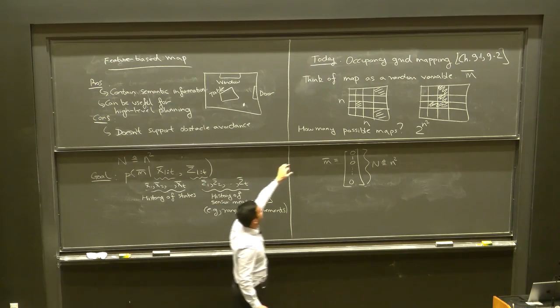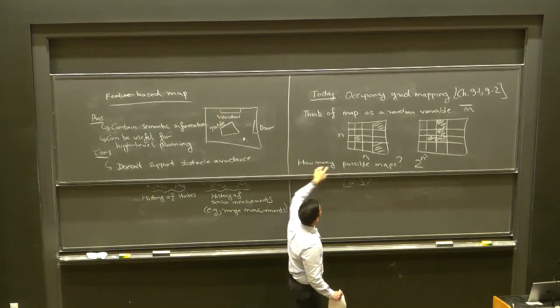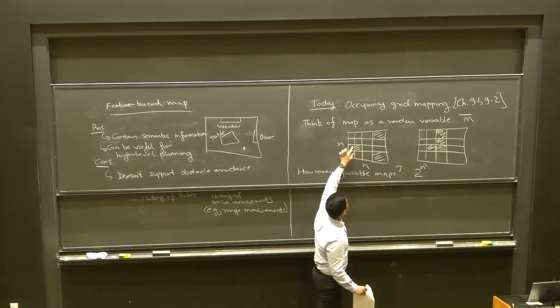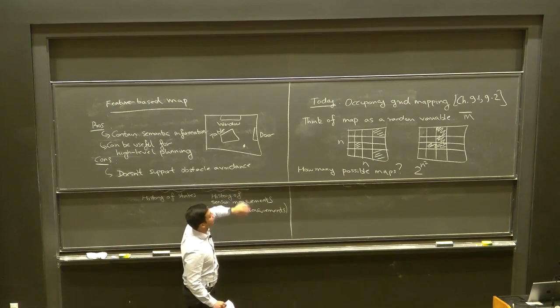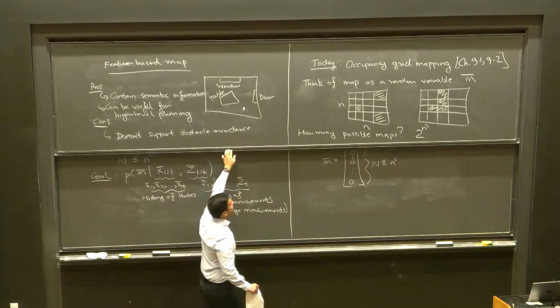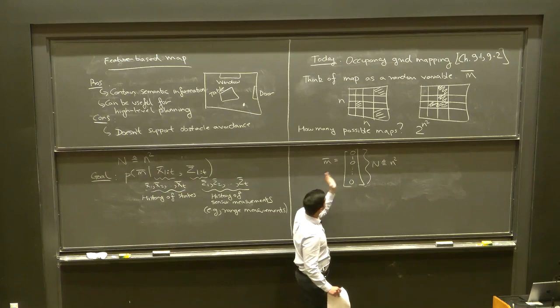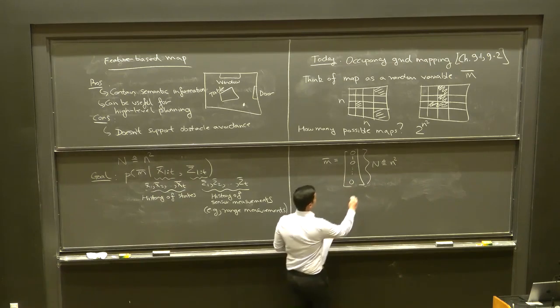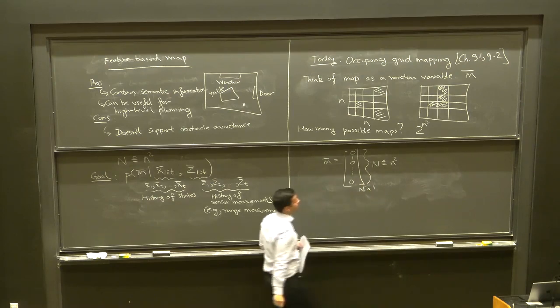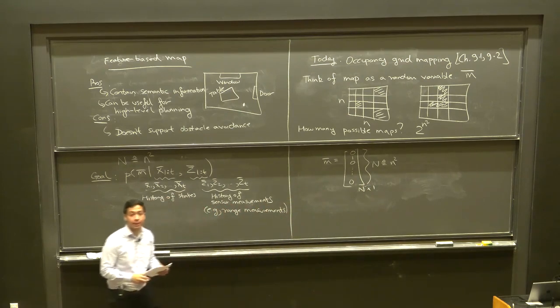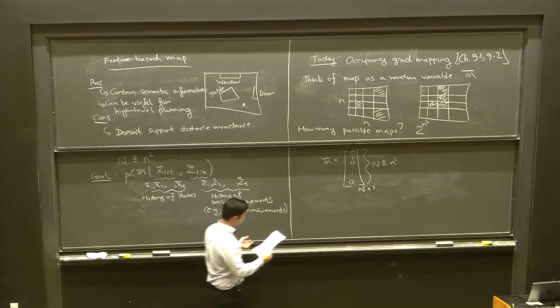And let's say we pick some ordering, right? Maybe 1, 2, 3, 4, 5, 6, 7, 8, some consistent ordering that you pick on the cells. And so we have just a capital N by 1 vector that represents each map.